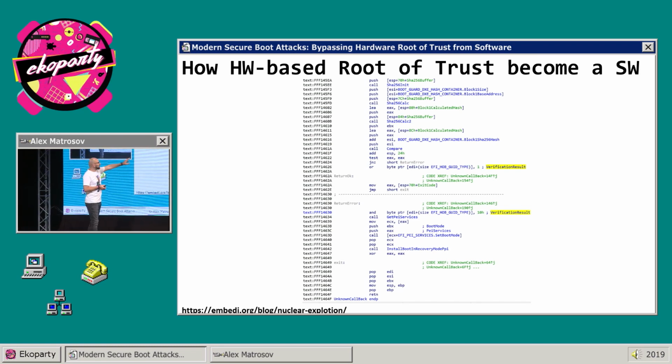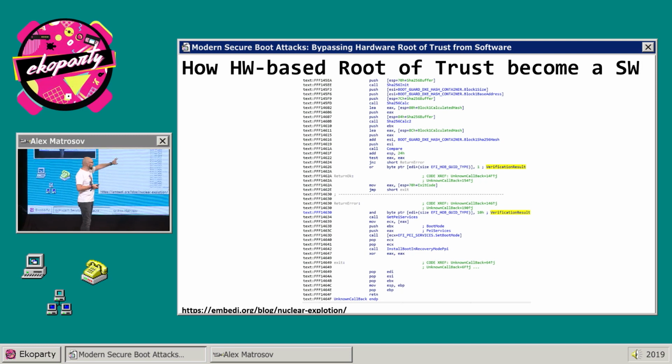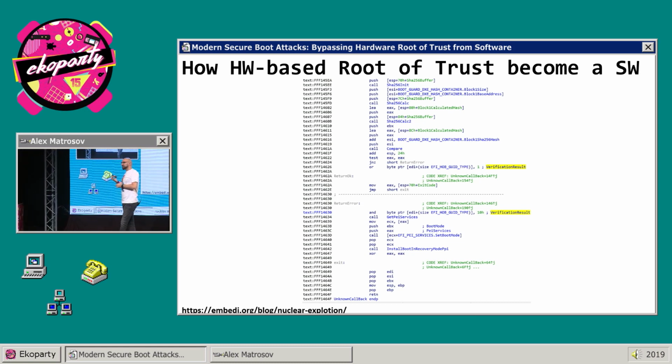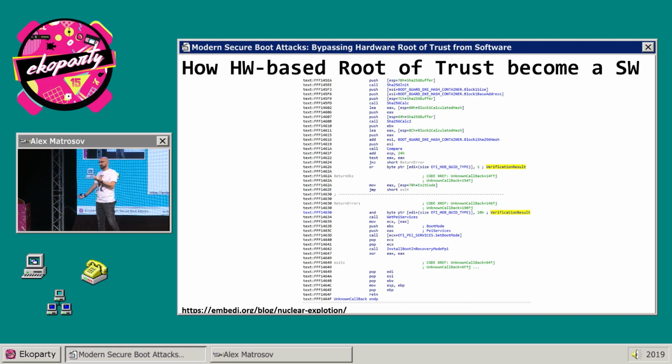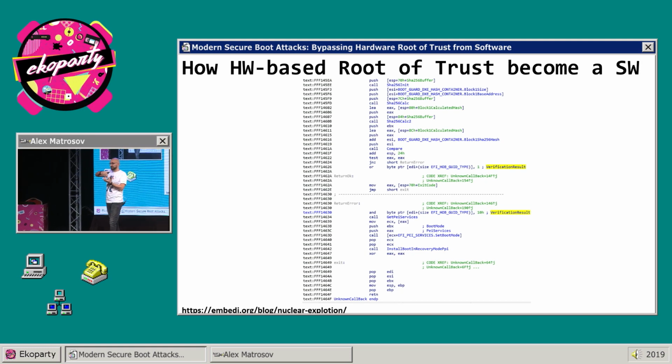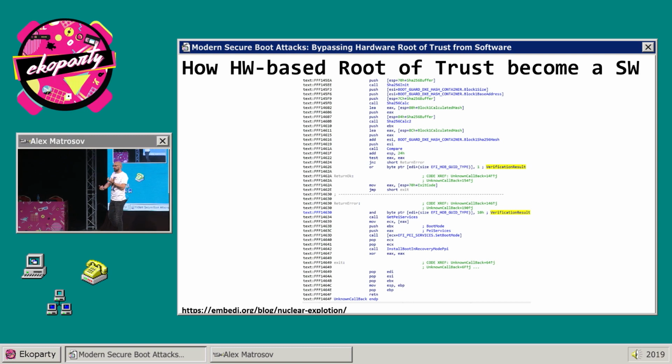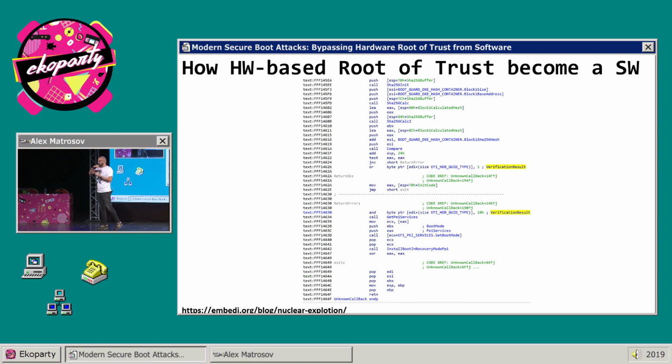If we look at the verification result for this check, it's stored inside the BIOS, in software. That means we have a hash which makes a transition of the root of trust from hardware to this hash. And if we do a recovery, it will rely on the hash in software.